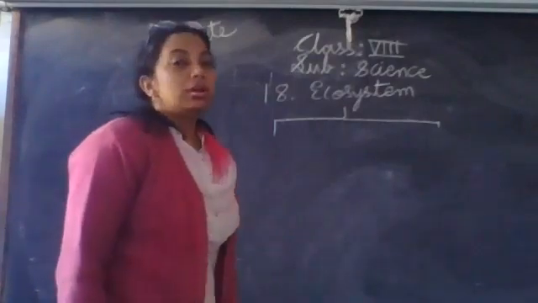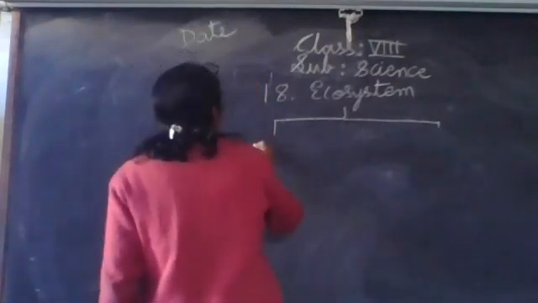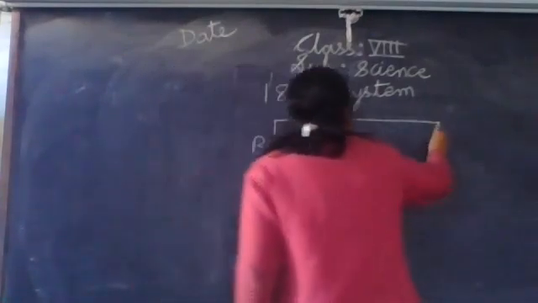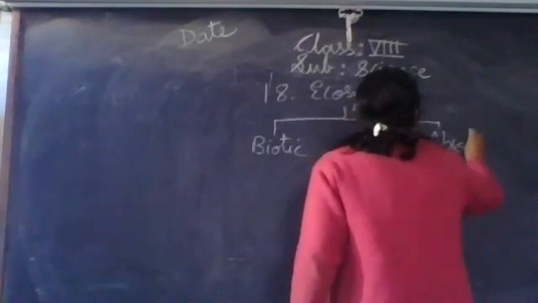So you see, in an ecosystem, the factors that are included here are either biotic or abiotic.